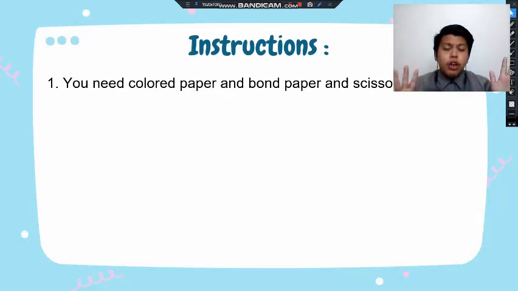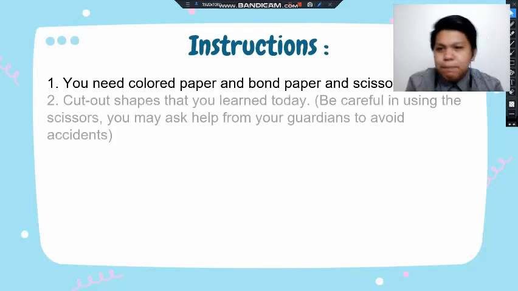If you don't have colored paper, you may use a used magazine as long as it has color. You can use scrap papers. It's all right as long as it has color. And one bond paper where you will be putting your activity.